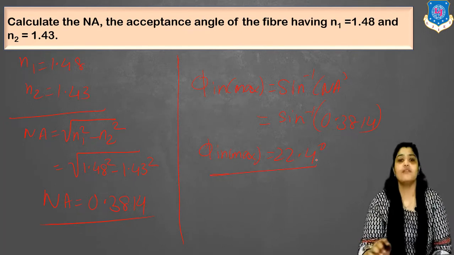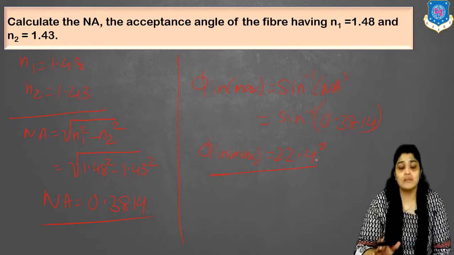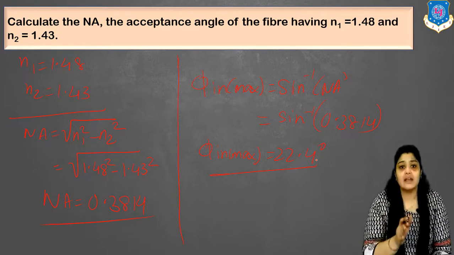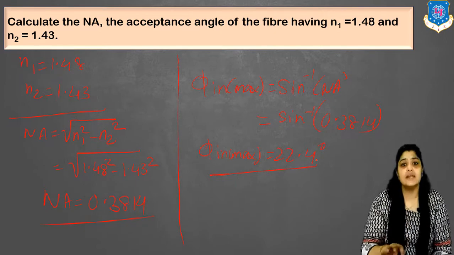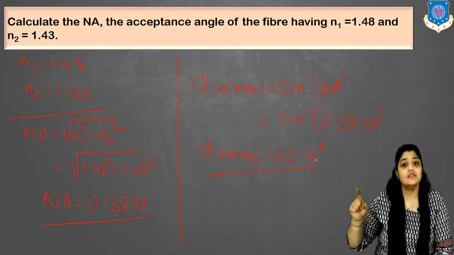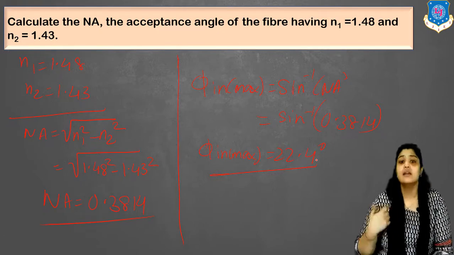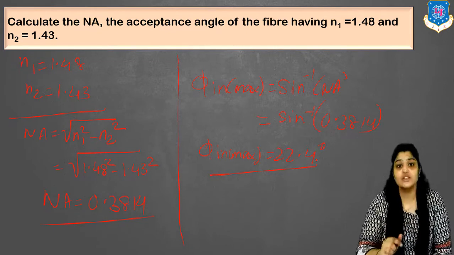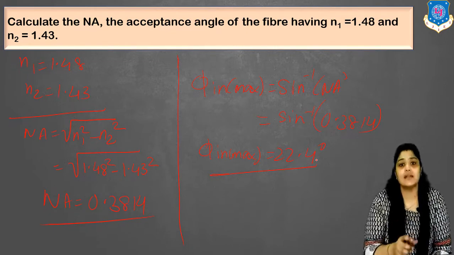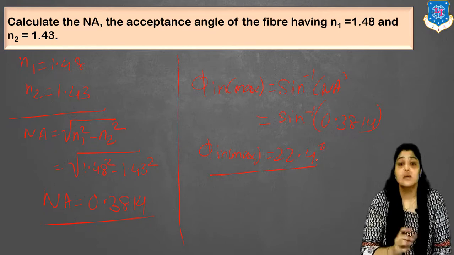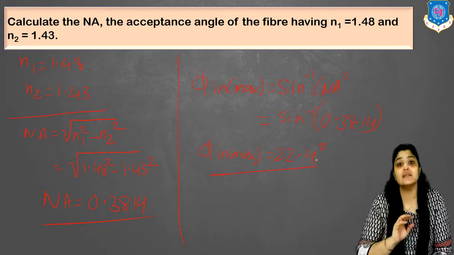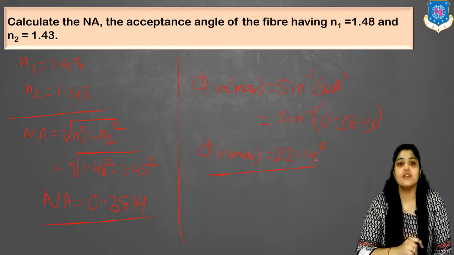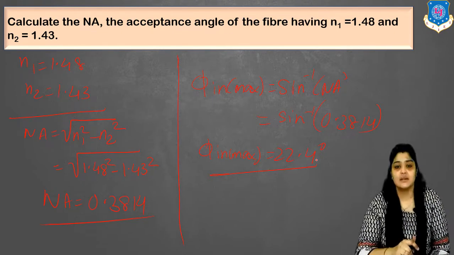This is the value of the acceptance angle. What does that mean? This is the maximum angle at which the light should be incident on the fiber. If the light is not incident at this angle, it won't give us TIR. So the fiber accepts light which lies within this angle, and that is the reason we also write phi in max.